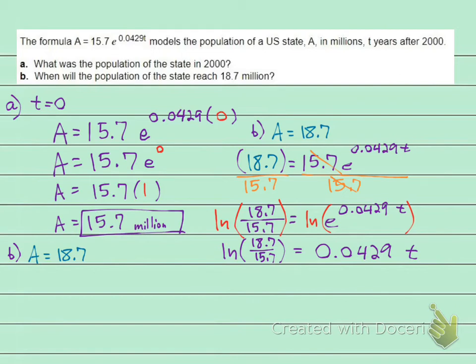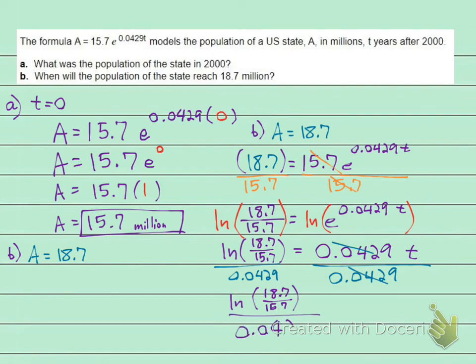We are going to divide both sides by 0.0429. So those reduce down to 1. This side divided by 0.0429. And that's what t is going to equal. t is going to equal the natural log of 18.7 divided by 15.7, over 0.0429.